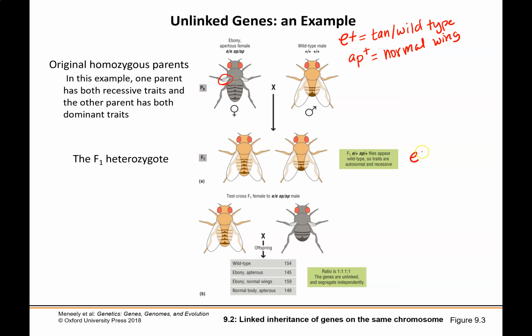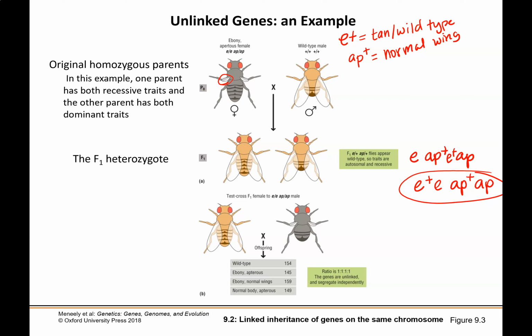So we have e ap plus with e plus ap. Let me write it the correct way. This is our genotype for our F1 individuals.